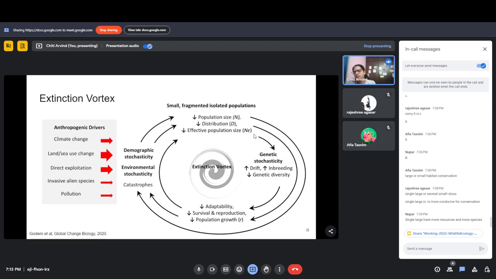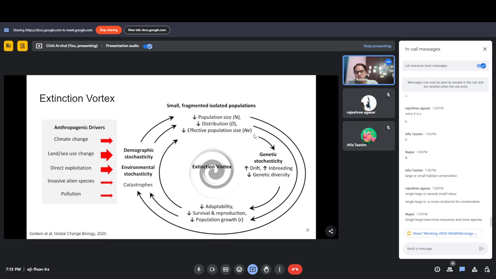So we will not go into much detail, but I want to just give you a general gist of what exactly this extinction vortex is. Earlier in the session, I was chatting with Afia regarding genetics and the genomic part that is essential for conservation.